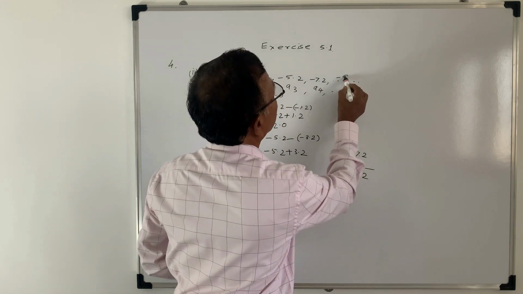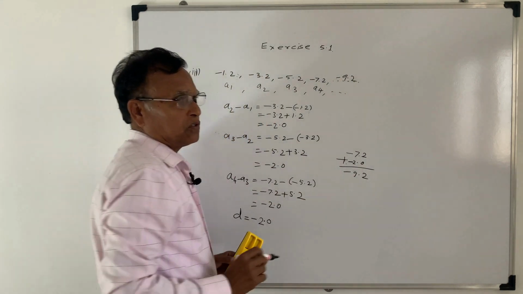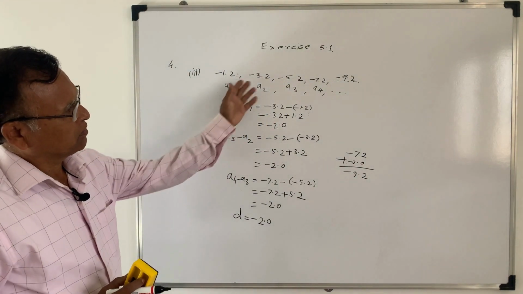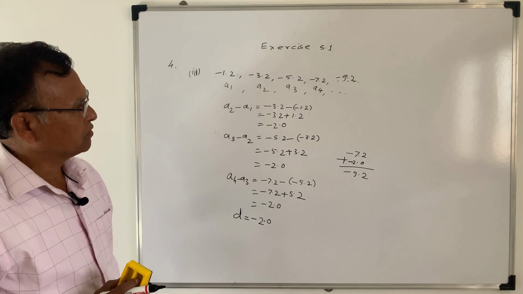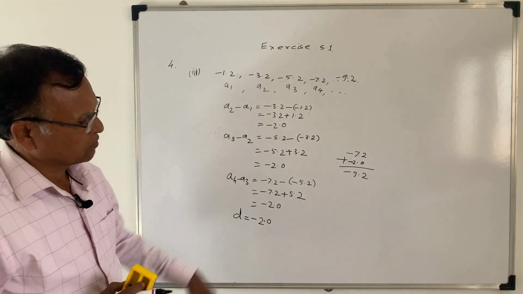You can write here -9.2, and thus you can write next numbers also.